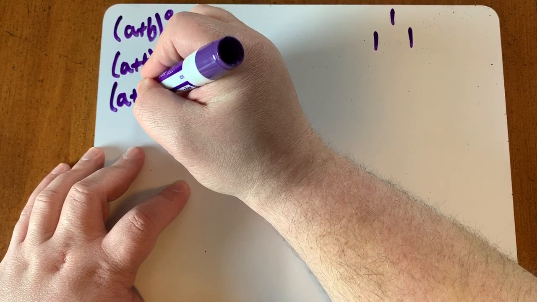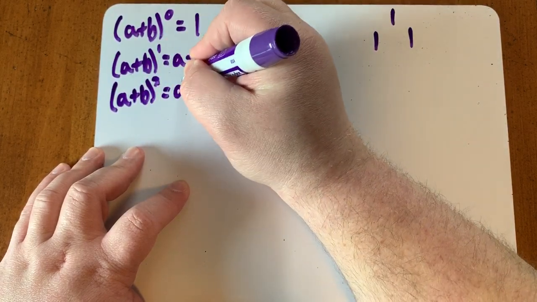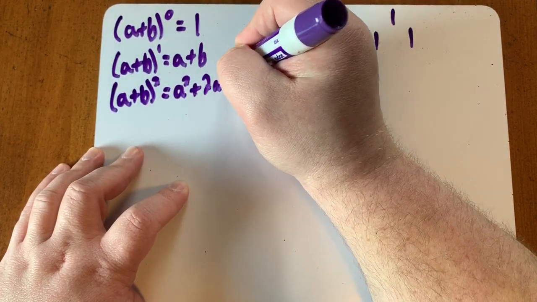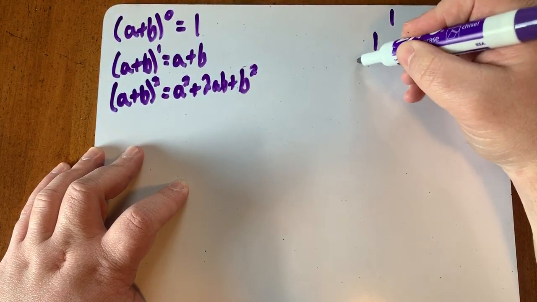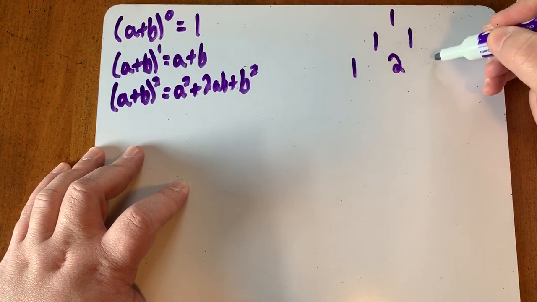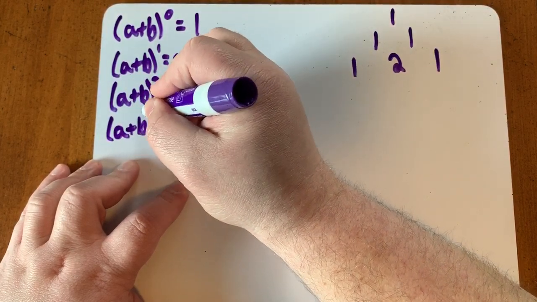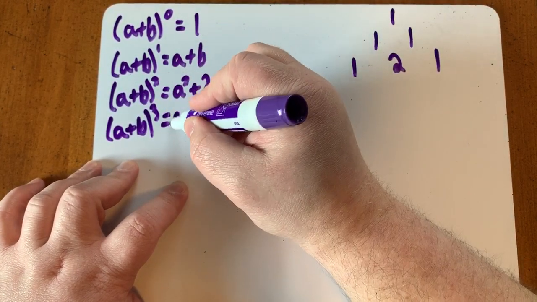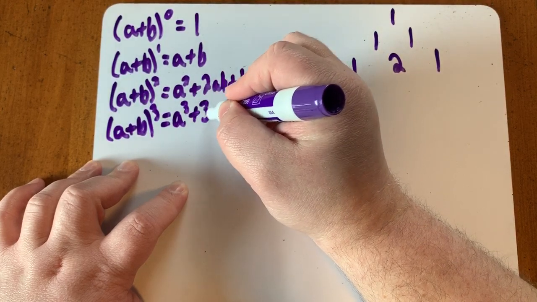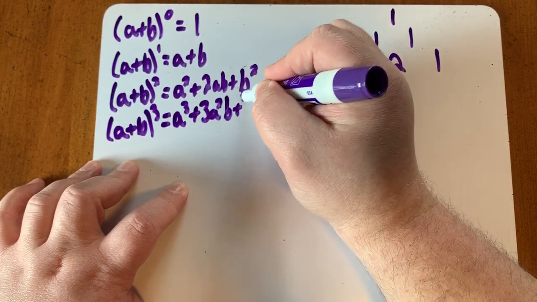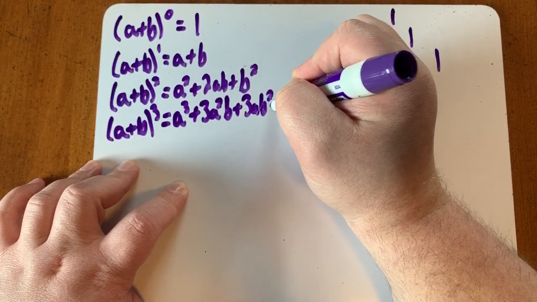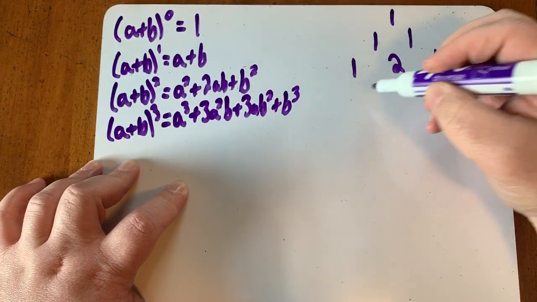If you have (a+b) to the second, a squared plus 2ab plus b squared. So coefficient of 1, coefficient of 2, coefficient of 1. (a+b) to the third, a cubed plus 3a squared b plus 3ab squared plus b cubed.